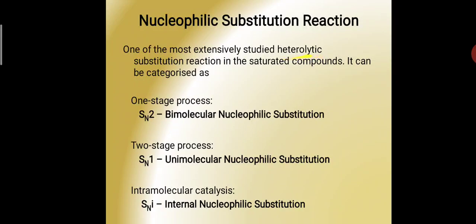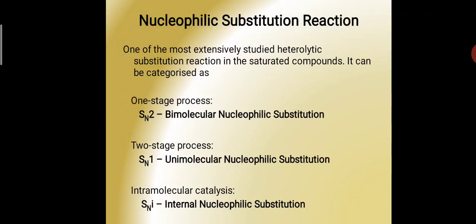In this respect, you would have studied homolytic cleavage, which means when a bond is broken, there is equal distribution of electrons on both the atoms. So this particular reaction is relevant with respect to the heterolytic cleavage. So it's one of the most extensively studied heterolytic substitution reaction in saturated compounds.